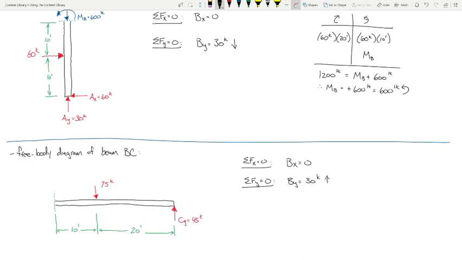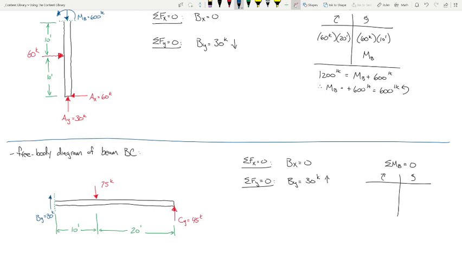Now same thing, I'm going to sum moments at B. I'm going to try and be formal about that. Let me put my little vertical force here. Okay, so we're summing moments at B. So what do I got?